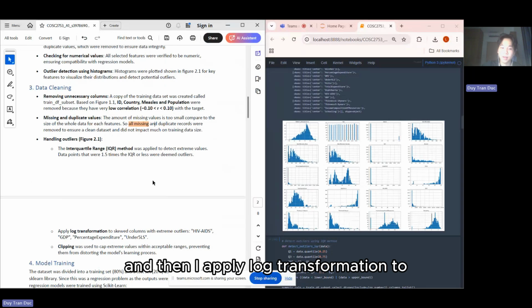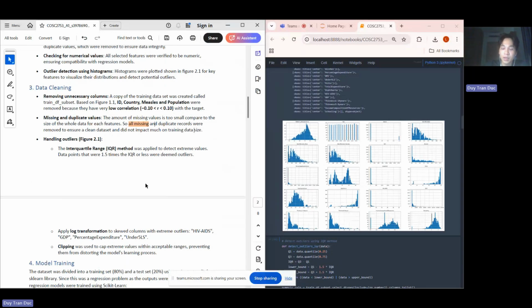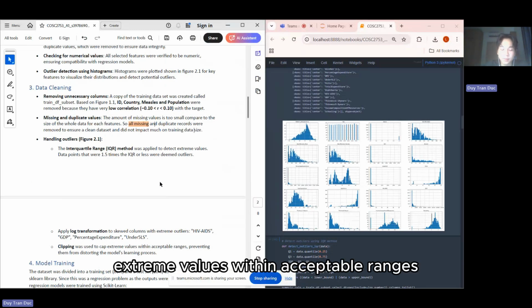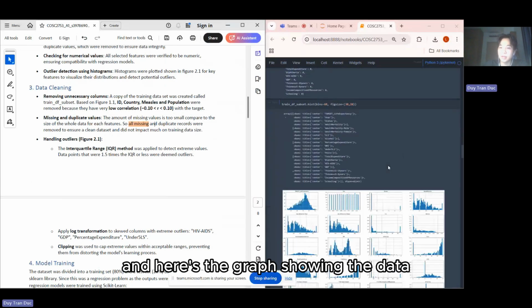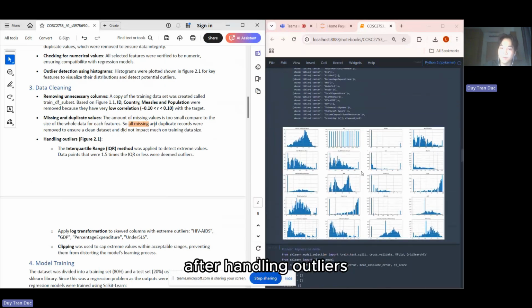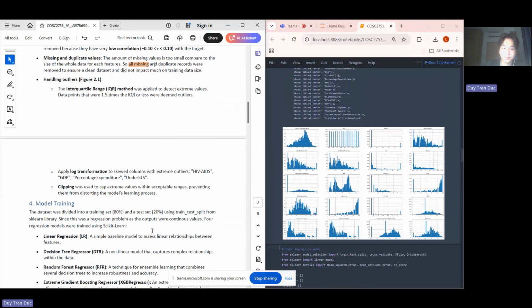And then I applied log transformation to skew the columns with extreme outliers. Lastly, I used clipping to cap extreme values within acceptable ranges, preventing them from distorting the model's learning process. And here's the graph showing the data after handling outliers. The data is normally distributed.